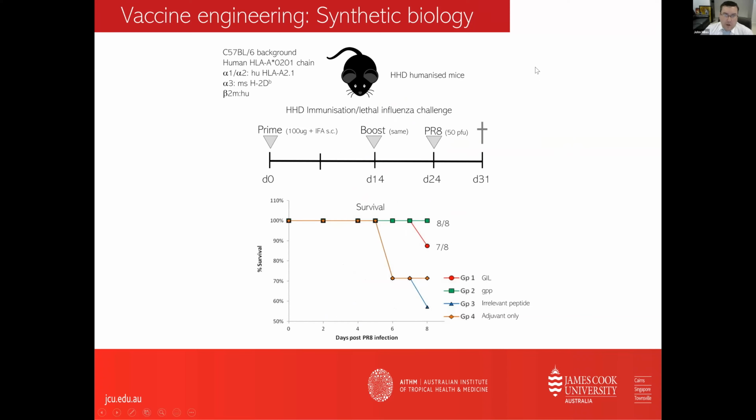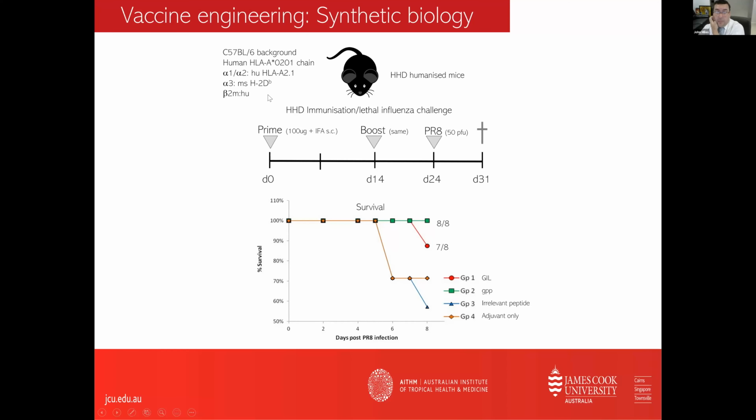We did an in vivo experiment. We did this 3 times with the same results. We got a HHD mouse, which has a human HLA-A2 allele, and a mouse H2D allele and mouse beta-2M. So the T cells can recognize it.